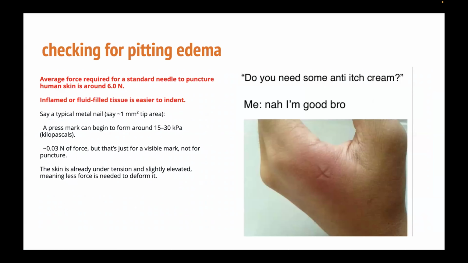One of the other things that I was thinking about was trying to understand if we could use some pitting edema techniques to understand the nodules' strength. Let's assume that there's some amount of force that we can push in and make a mark on the skin, and how does it vary on the nodules that are for onchocerciasis and the other ones that come from healthy skin.